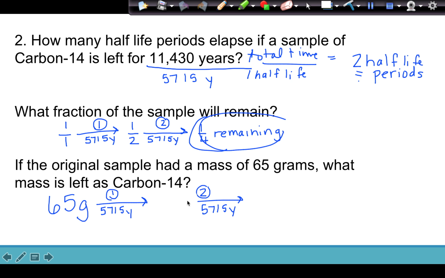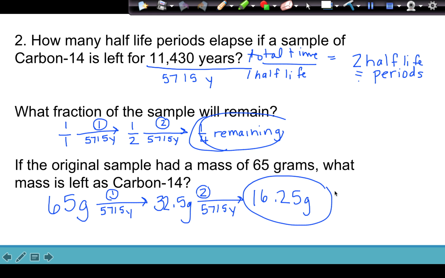So after the first half-life, divide 65 by 2 on your calculator. 32.5 grams remains. After the second half-life, you will have the 32.5 divide by 2 again. So after the second half-life, you wind up with 16.25 grams, which is the amount that remains as carbon-14.